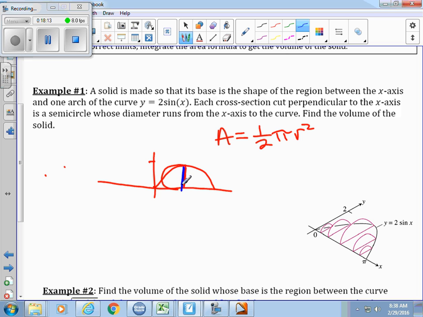Half of the function, half of top minus bottom, which is just 2 sine of x minus 0. So 1 sine of x. So my radius is sine of x, because the height of this curve is 2 sine of x all the way across there. So my radius is just sine of x.